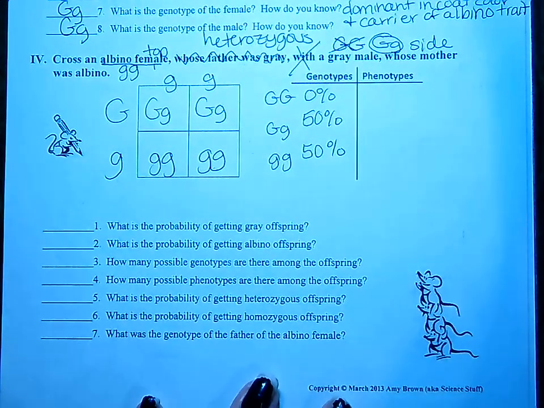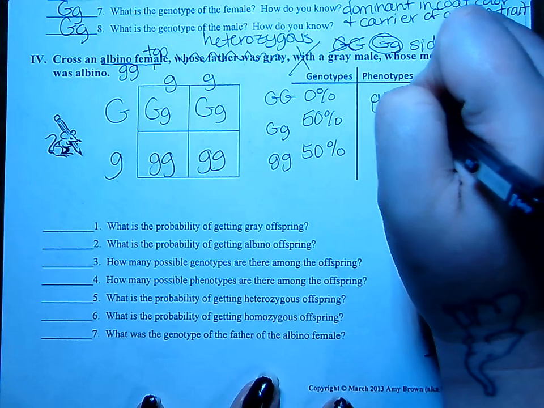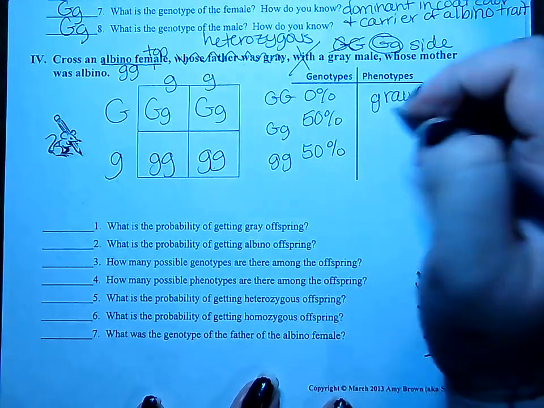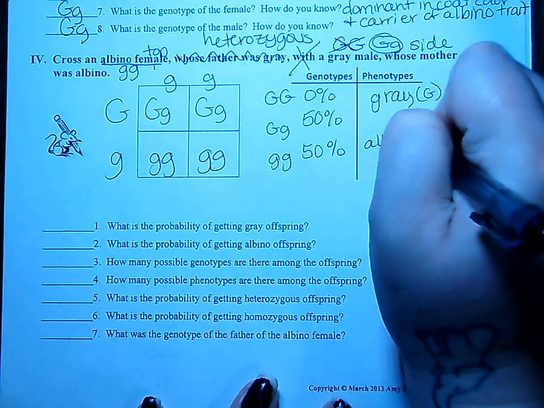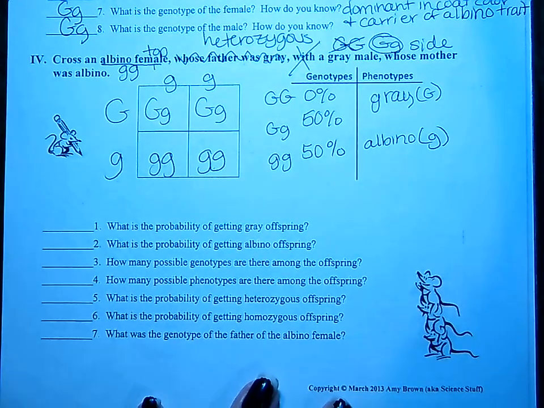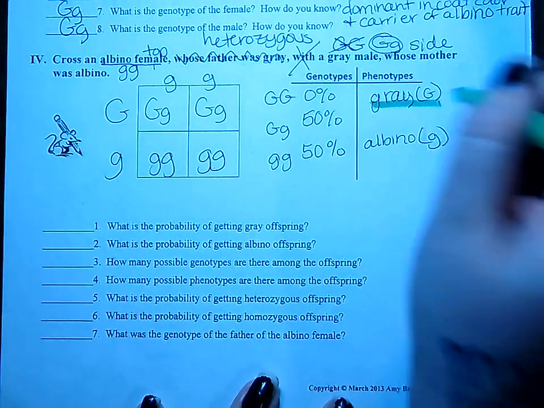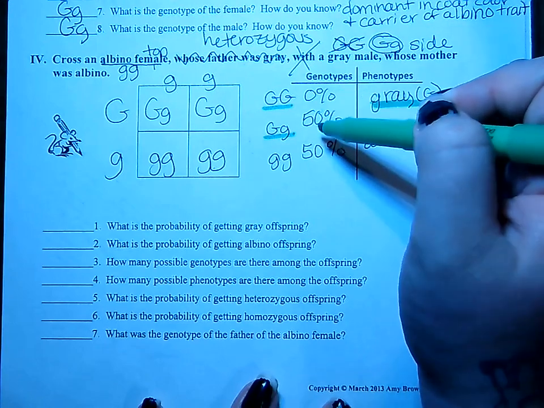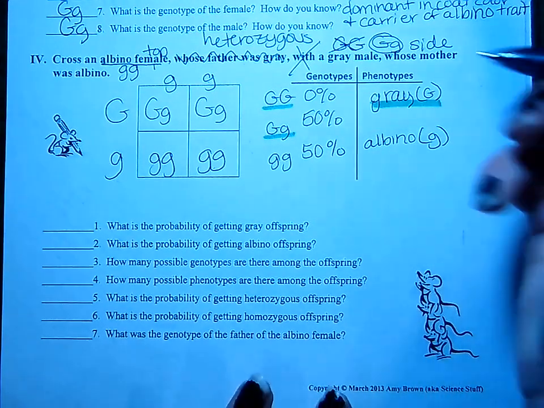That one's also 50%. For phenotypes, gray is the dominant. Albino is recessive. So I'm going to shade in the dominant. So 0 plus 50 is 50.